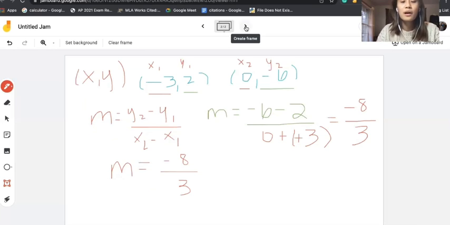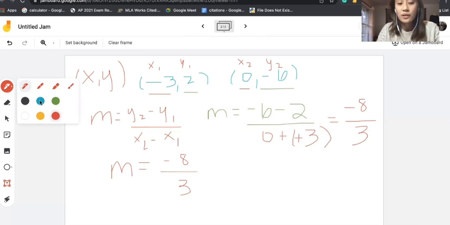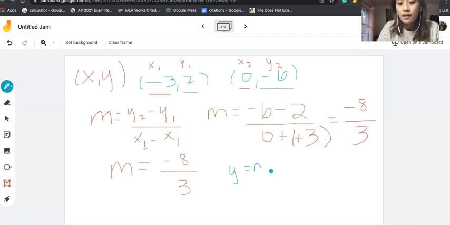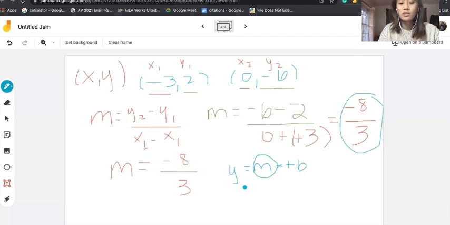Okay, to find the y-intercept value, which is also necessary for our equation, we set y equals mx plus b. And we know our slope now. Our slope is -8/3, which we can replace for m in the equation.